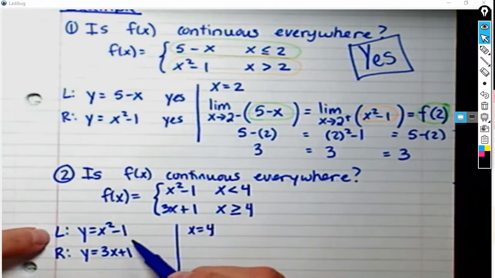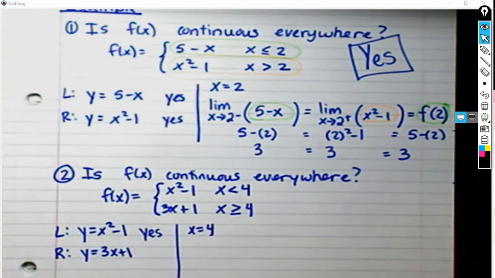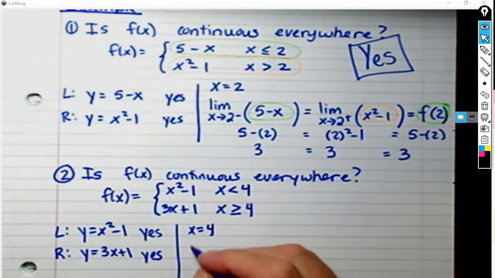This is a parabola graph, so yes, the left side is continuous. This is a straight line, so yes. And now I consider the transition point.